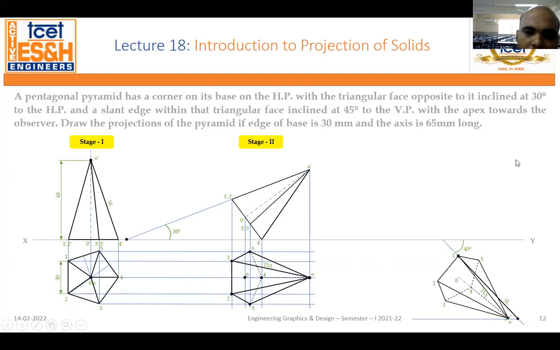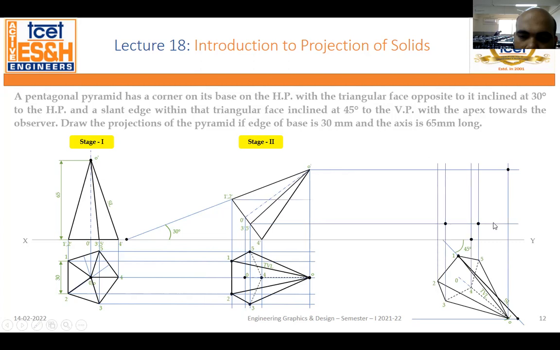I have already told you about the apex, how the apex is towards the observer and why it is coming down. That is the message being created here, and then it is being taken above. All the points are being taken above, and the common points are being marked. Then we connect the outer points and check the farthest point.